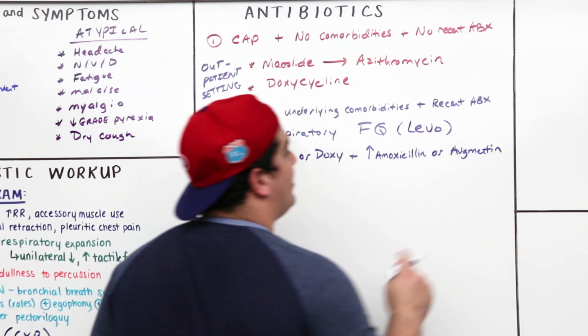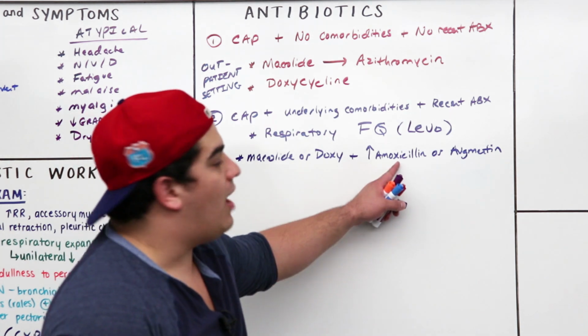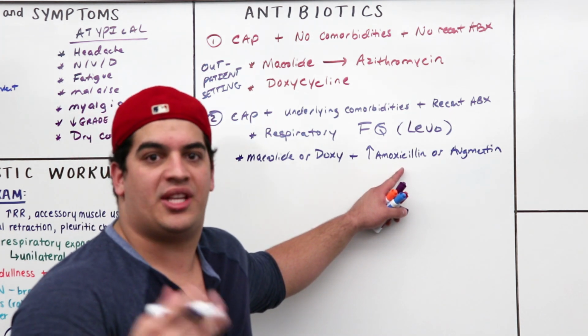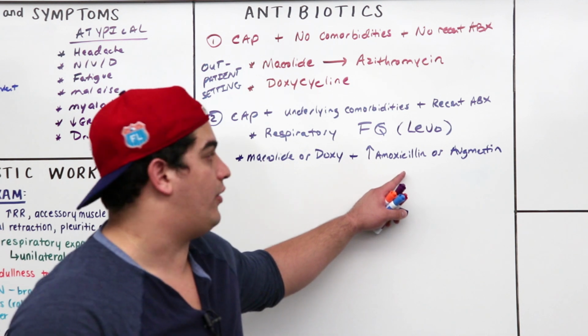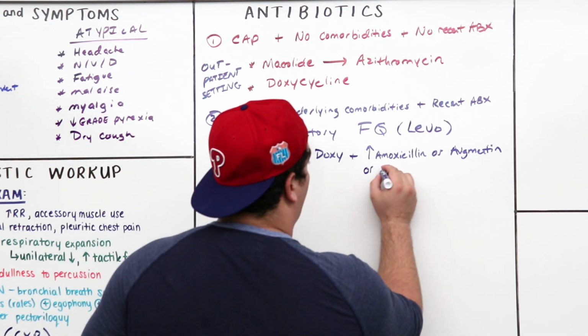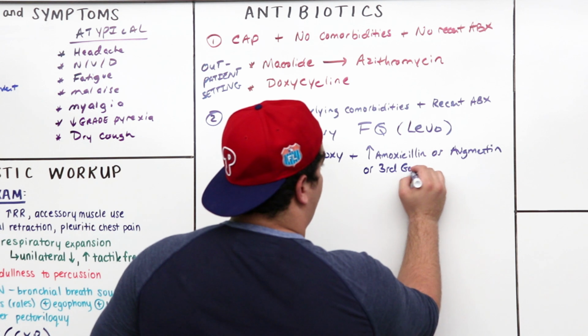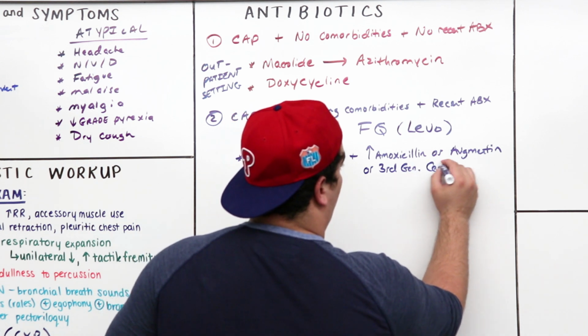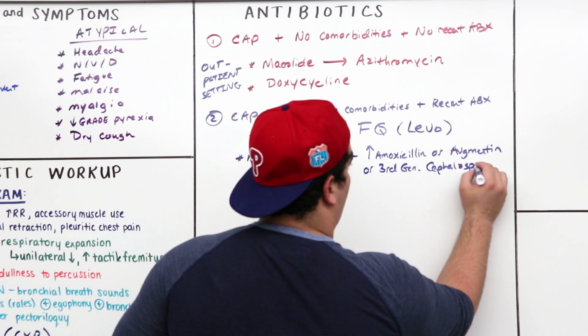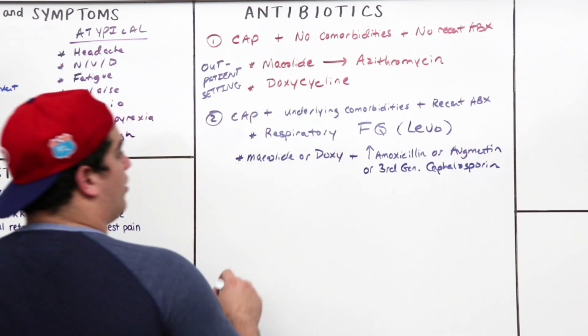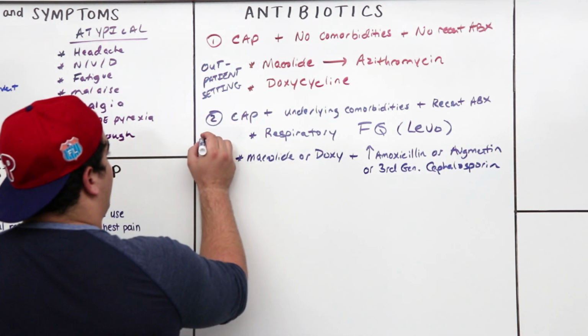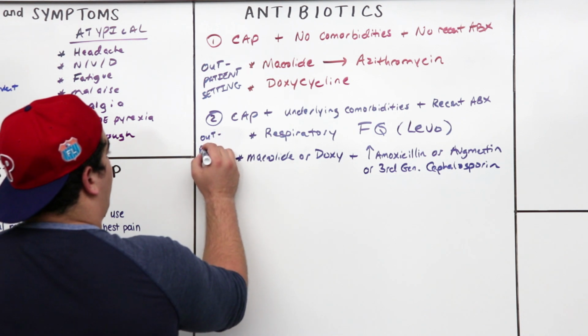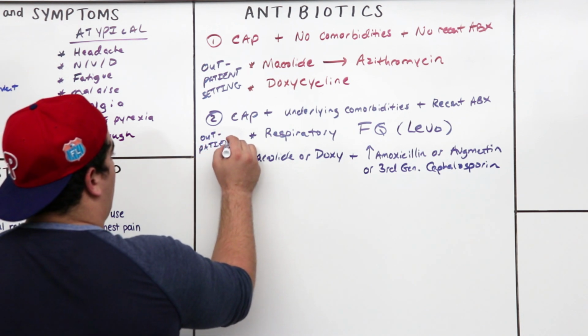And all Augmentin is, is amoxicillin with a beta-lactamase inhibitor. It just gives some more coverage for resistant bacteria. Or you can give a third generation cephalosporin. And this is usually, and still, in an outpatient setting.